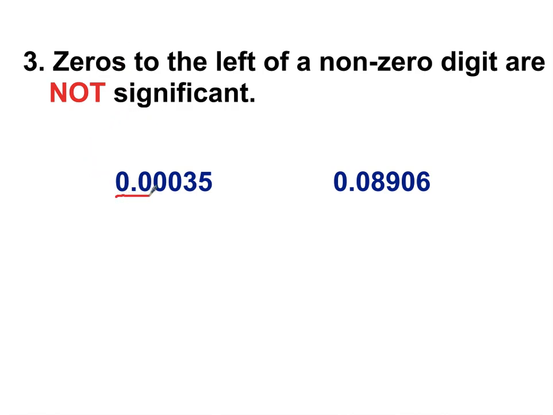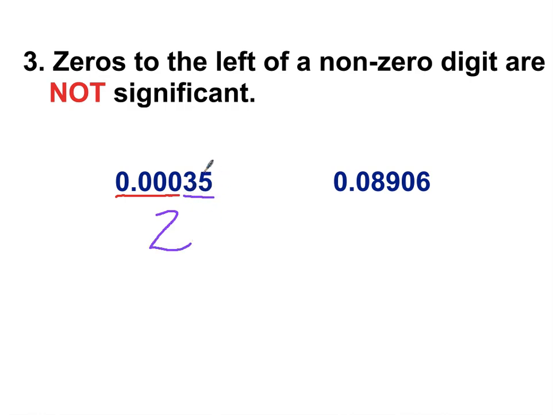Now these zeros here are just placeholders. They're just telling us to which tenths this measurement is. So in this case, we only have 2 significant digits, the 3 and the 5.